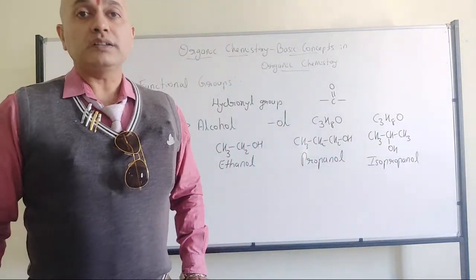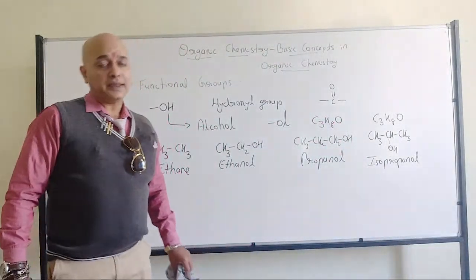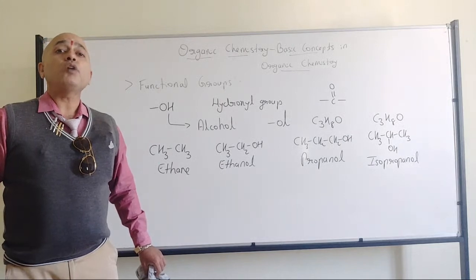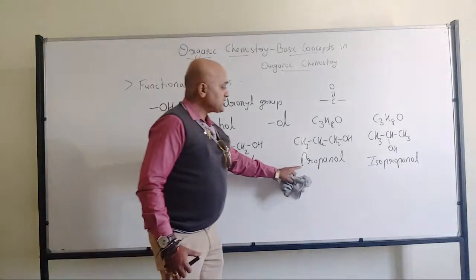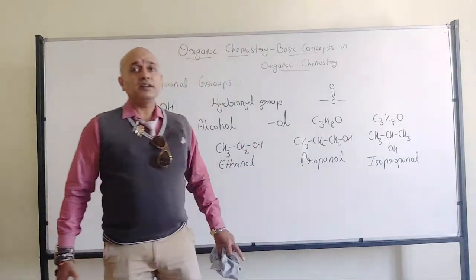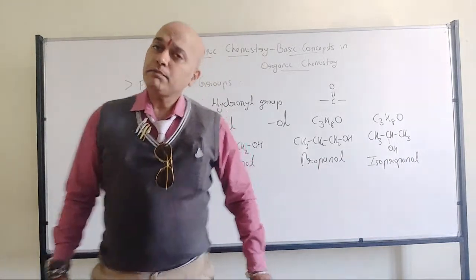Propan-2-ol is the name of isopropanol. Isopropanol is the common name. Here we can mention propan-1-ol, or it's understood when I am writing propanol, where alcohol is attached to the first carbon. Got my point?